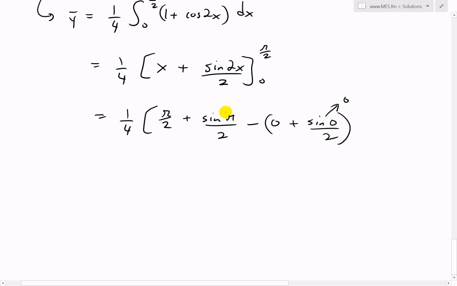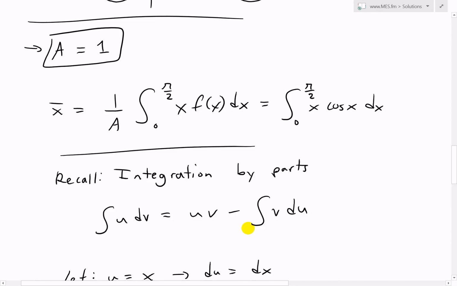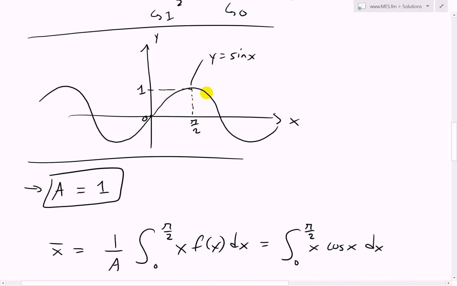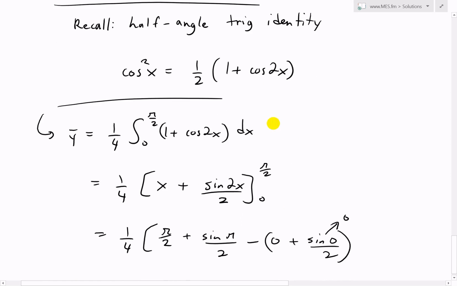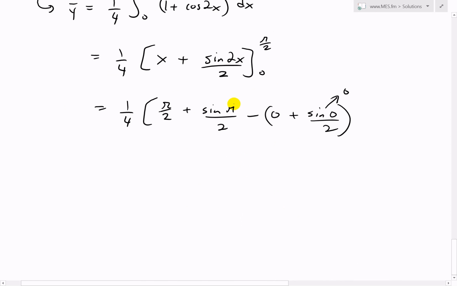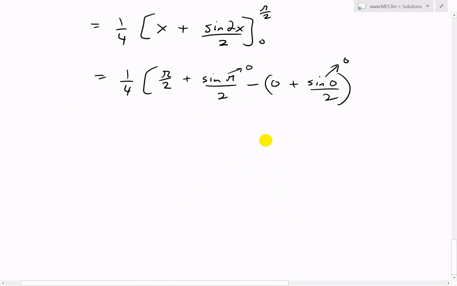Now we have sine pi, and we could solve this by going to this function, recall this curve, and at this point pi, that's again 0. So all we end up with here is 1/4 times pi over 2. So we get the y coordinate equals pi over 8.